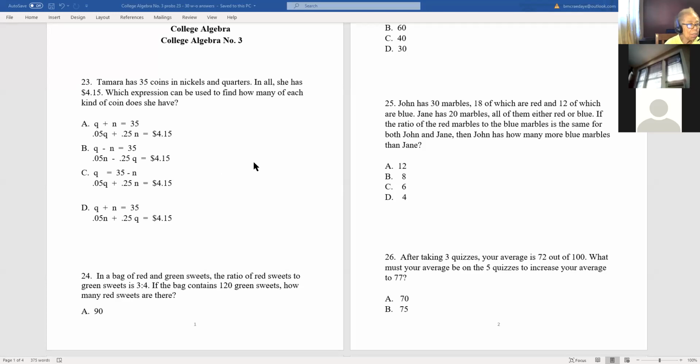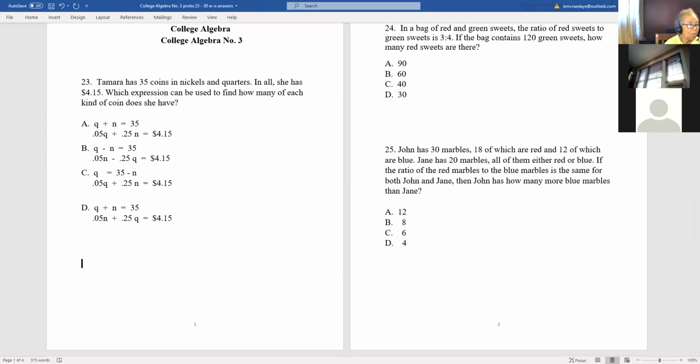Read number 23, Latoya. Tamara had 35 coins in nickels and quarters. She has $4.15. Which expression can be used to find how many of each kind of coin she has? Okay.